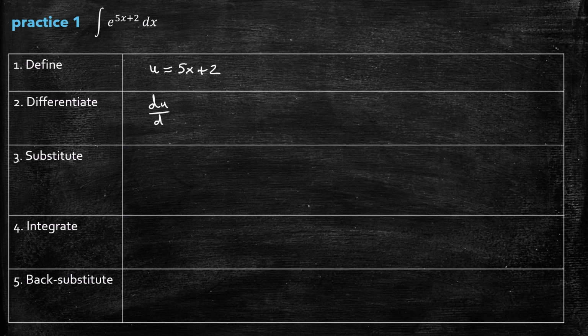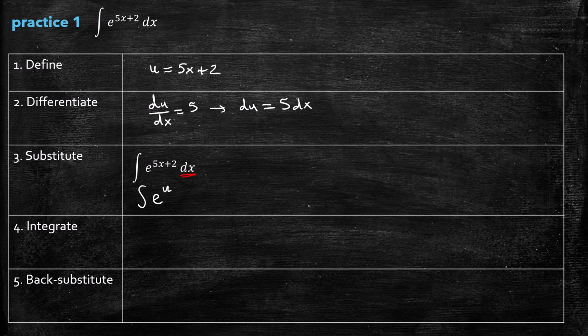Differentiate, du by dx equals 5. Cross multiply, du equals 5 dx. Substitute. So let's bring this up here. So e to the 5x plus 2, we know that we can replace 5x plus 2 with u. But then we have a little issue here because we only want to substitute for dx.